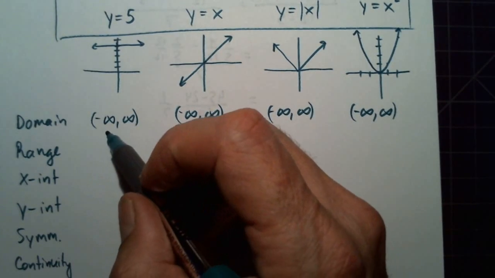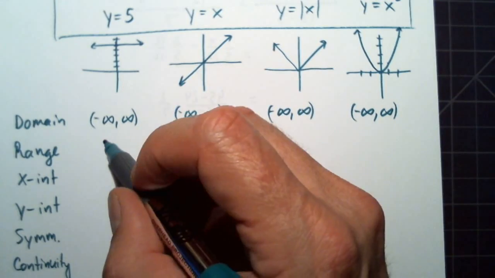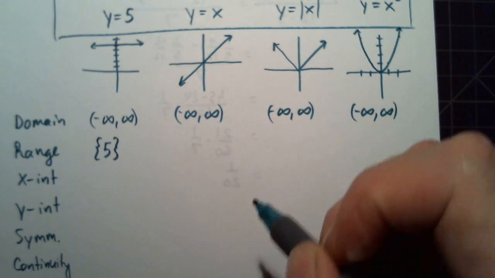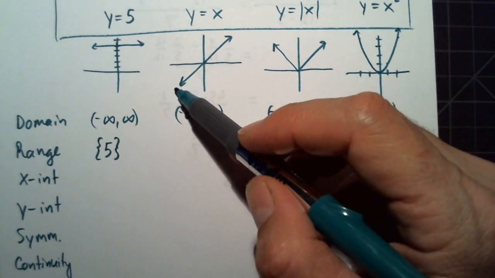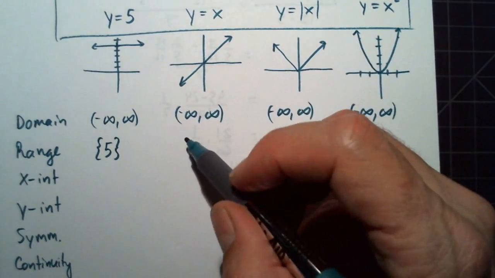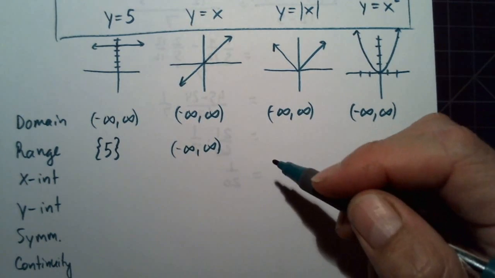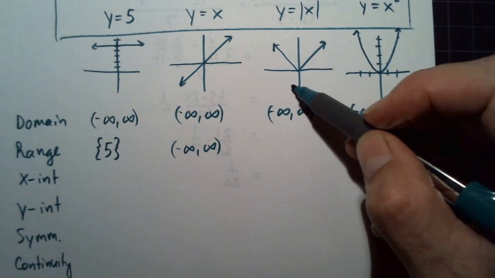The range is all the y values on the graph. Well, here there's only one y value, and that's 5. So we would write it like that. Here the y values go down to negative infinity, up to positive infinity. So the range is all real numbers. Here we don't have negative y values.